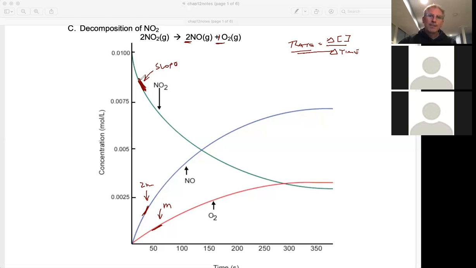So wait a minute, this slope over here, what's its value in terms of M? Negative 3M? Ooh, you're so close. It's definitely negative and it's definitely M, but it's not 3. Two. Good work, because it's the same coefficient. So when 2 of these guys disappear, 2 of them form, so they have to have the same slope.